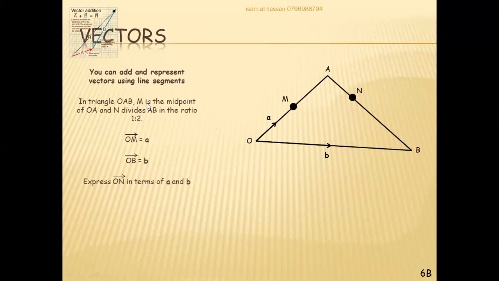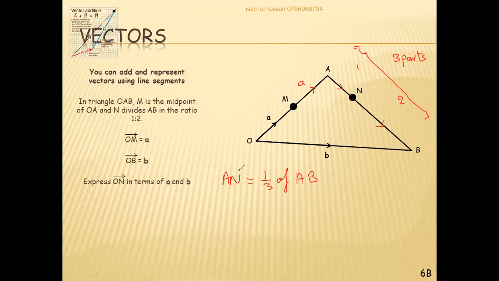In vectors, we usually find everything before solving the question. So if this is small a and that's a midpoint, this is also a small a. The ratio is 1 to 2, which means AB is divided into three parts. It means that AN is equal to 1 out of 3 of AB, and that's your AN and that's your NB.